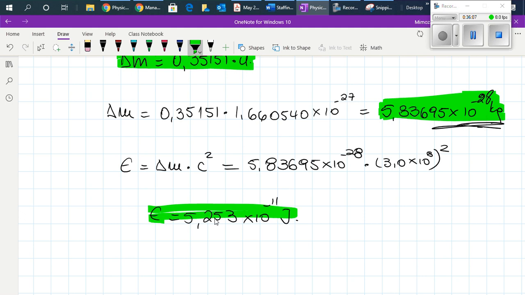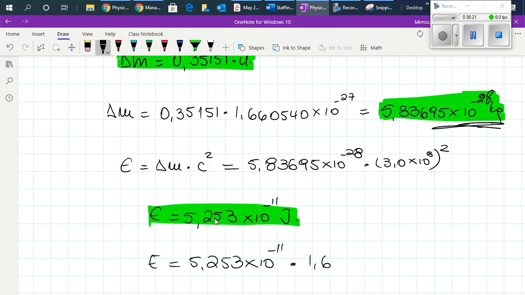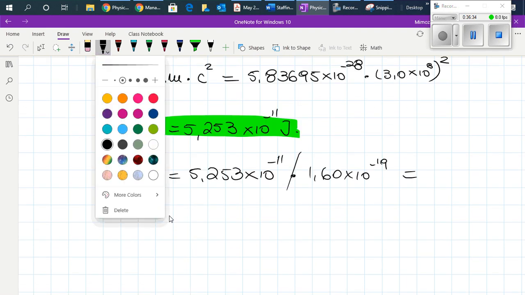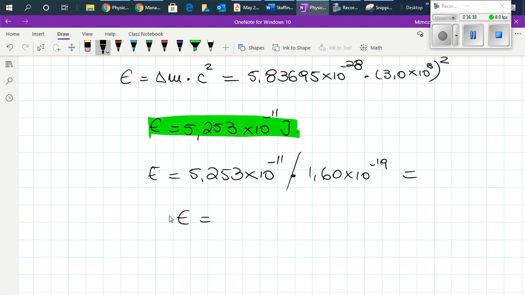If we want to convert it into electron volts, then we divide 5.253 times 10 to the power of negative 11 by 1.60 times 10 to the power of negative 19, and the binding energy in mega electron volts will be 328.3 MeV. This is the binding energy for potassium-40.